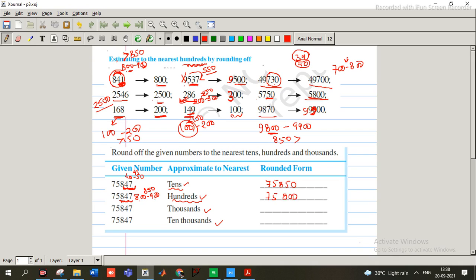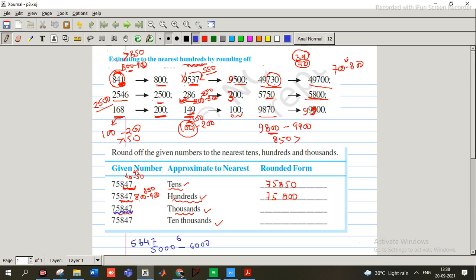Now here they have taken 75847. Okay, so they are asking us to round it off to the nearest 1000. So what will I do? I'll take the 4 digits. Now let's write it here, 5847. So this number will be in between 5000 to 6000.